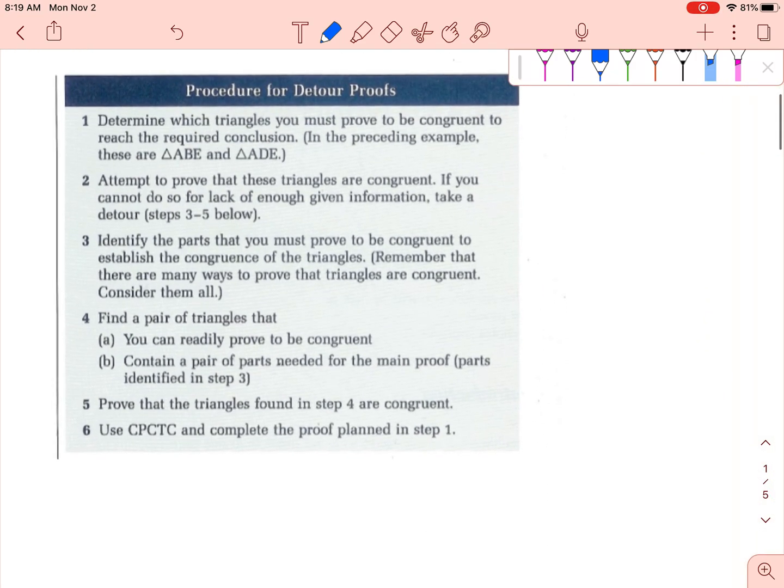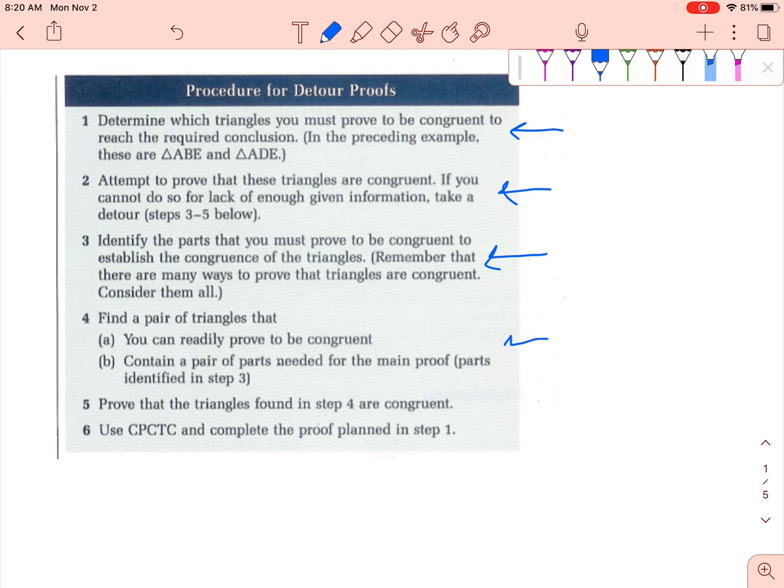Here's the procedure. I like that they did this. First, you determine which triangles you want congruent. You attempt to get them congruent. You identify the part that must be proved congruent in order to get those triangles congruent to each other. And remember, it's not going to work, but you're going to have those.